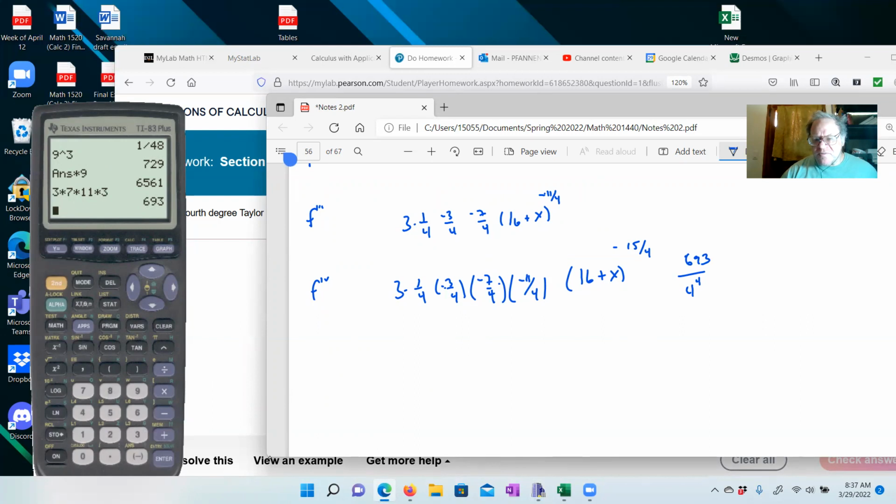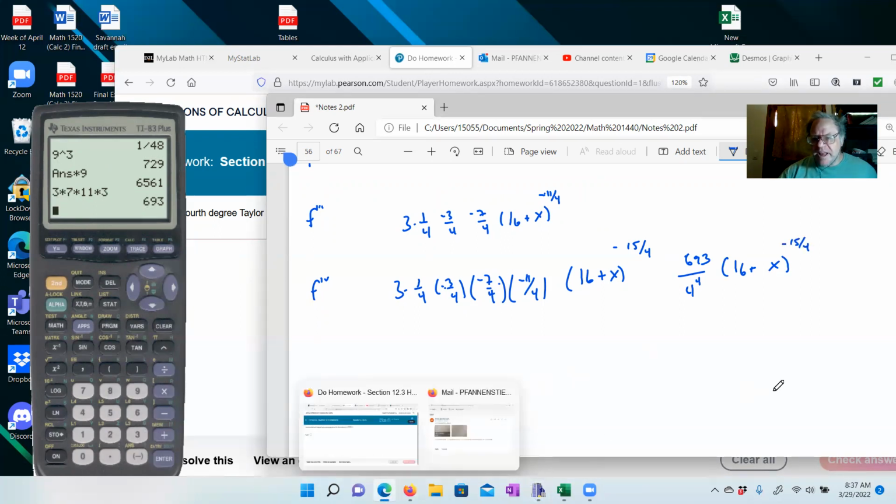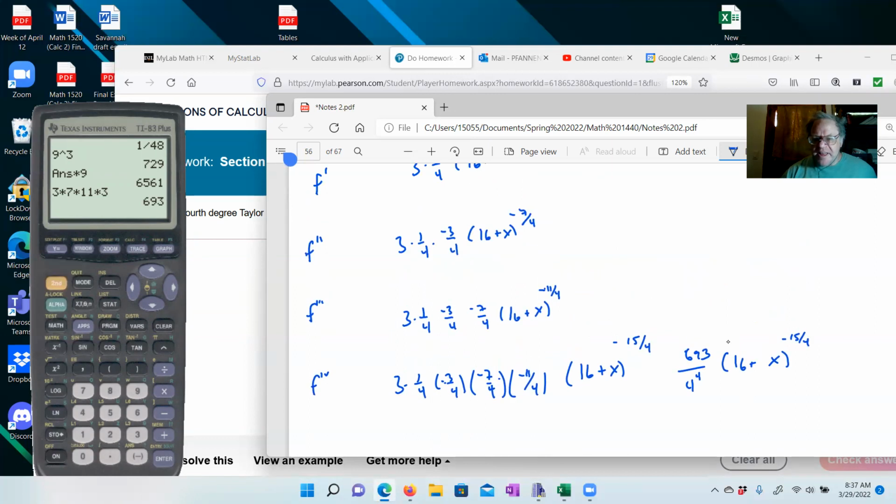That's this first stuff written up. And we have 16 plus x raised to the -15/4. So that's what we have for that. This is 4 cubed, 1, 2, 3, that's going to be 64.